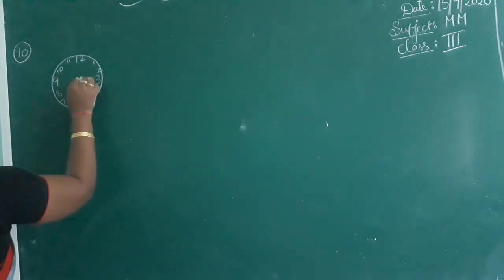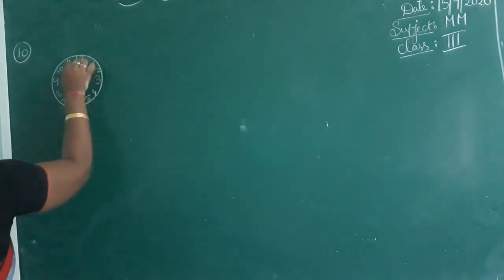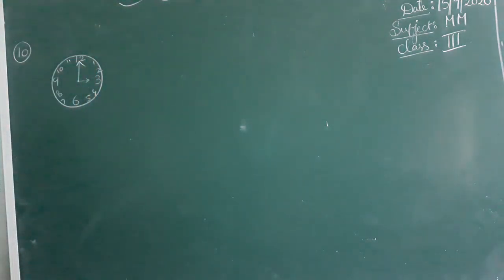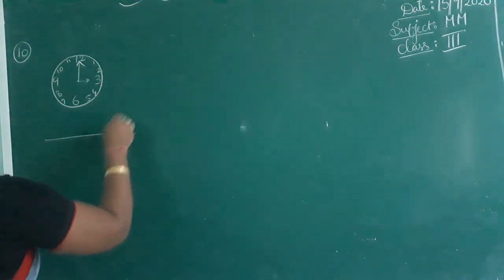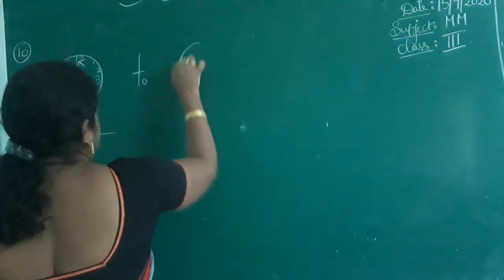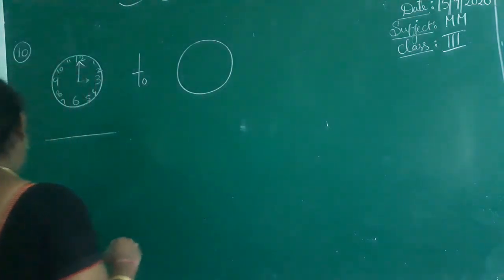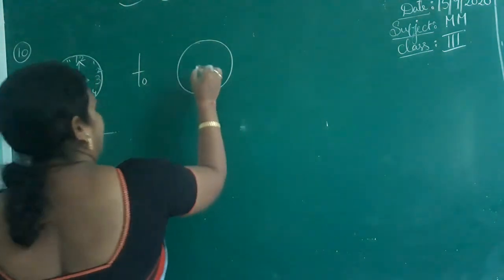First clock is showing 3 o'clock. What is the second clock showing?